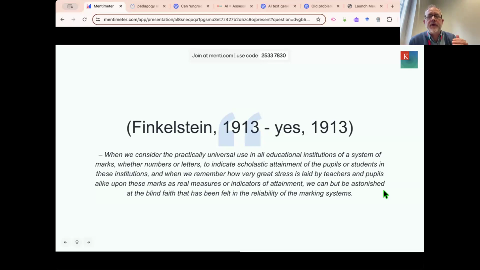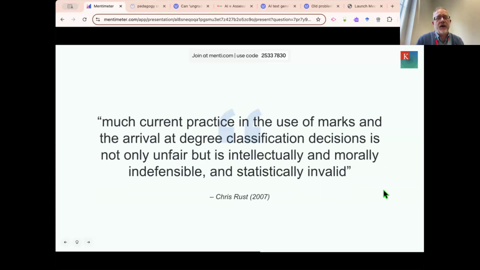"We can but be astonished at the blind faith that has been felt in the reliability of these marking systems." So we do these things in the name of reliability, but well over 100 years ago, people were even saying we're fooling ourselves.